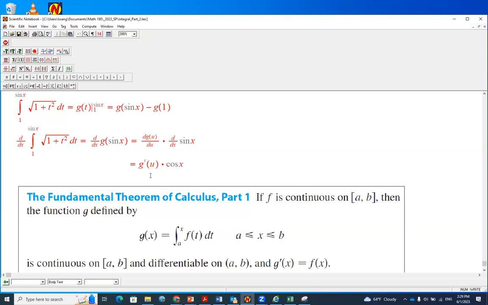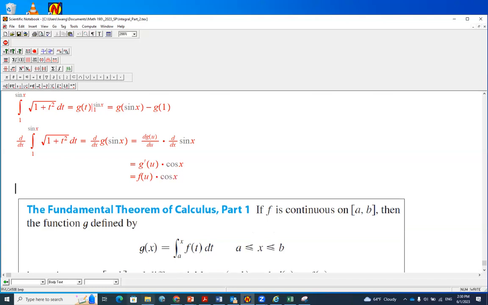G prime x is f of x, G prime u is f of u. So this piece is going to be f of u, multiplied by cosine x.